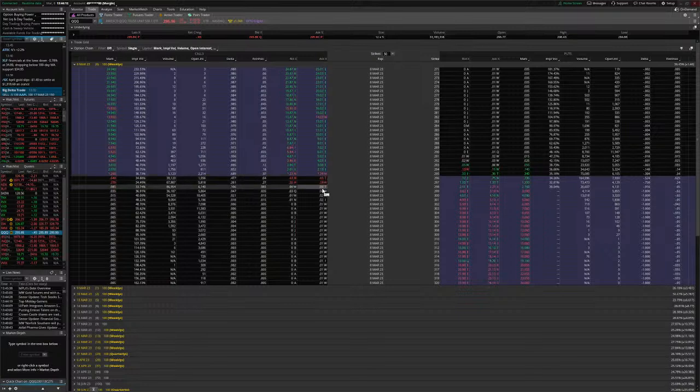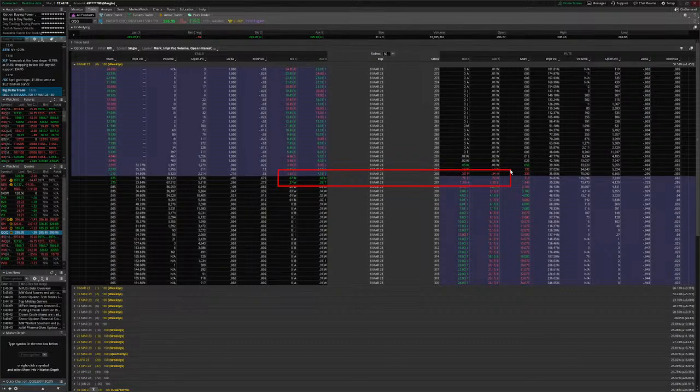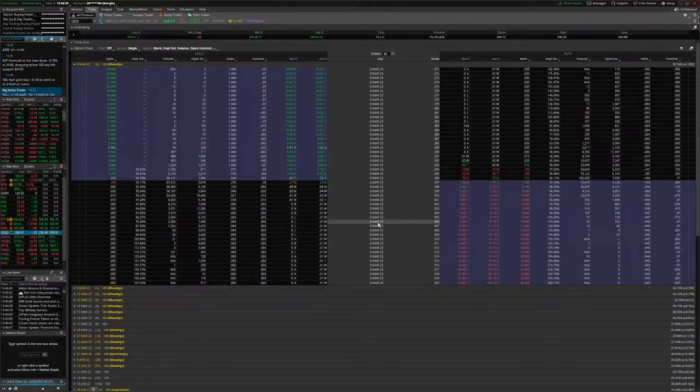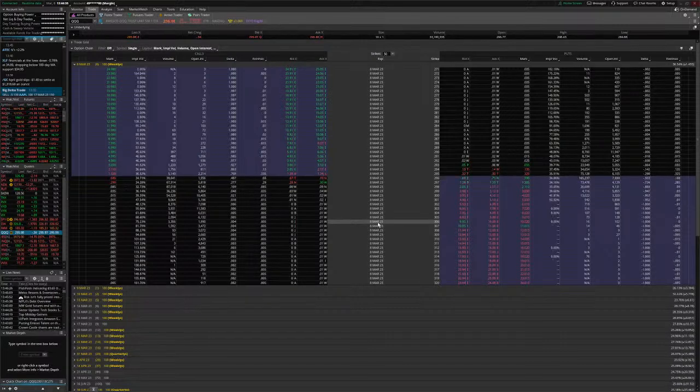Let's say you want to buy an at-the-money call or put. You're going to be spending less than $1, so you're going to have less than $100 at risk.